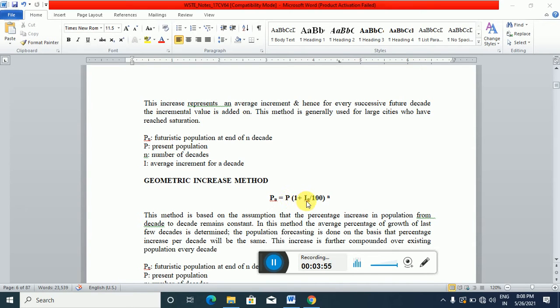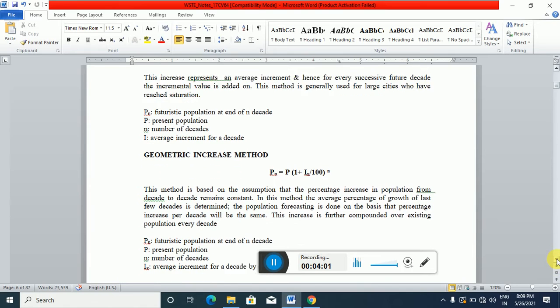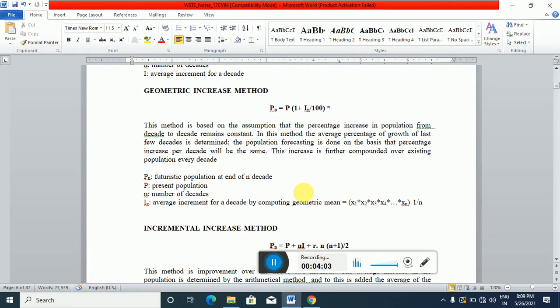Ig is the geometrical increase of the previous decades, and N is the number of decades for which the population has to be predicted.